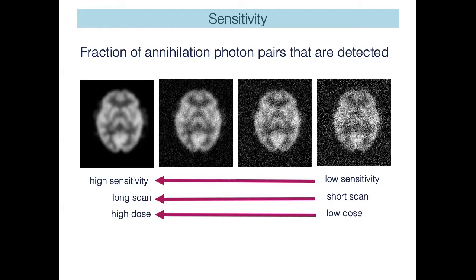But you can achieve high sensitivity by scanning for a very, very long time. If you're scanning for 30 minutes versus 10 minutes, you're going to get much more sensitivity. But you can also get higher sensitivity if you inject more radioactivity into your patient. If you inject 3 times the radioactivity, you can scan for shorter and still get the same good quality image out. Of course, there's a trade-off here with how much radioactivity you want to expose your patient to.